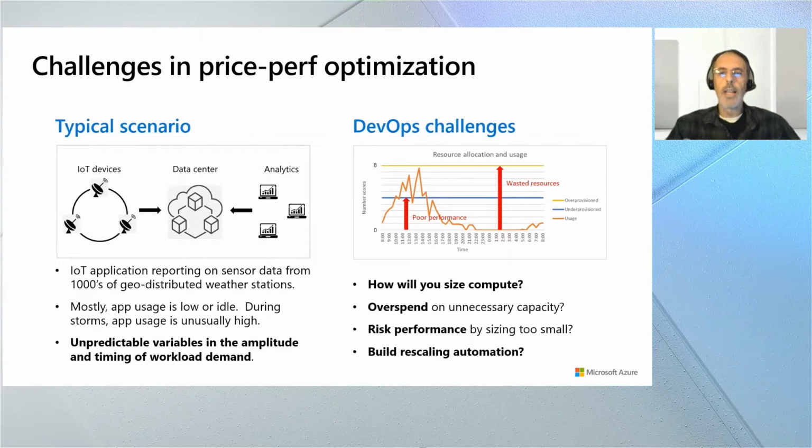Alternatively, you could slightly under-provision resources, say to match the average usage over time, but then of course you would risk poor performance during peak usage periods. And then finally, you can build rescaling automation, particularly if you're already in the cloud and can take advantage of that elasticity. But that automation involves extra development cost as well as added operational complexity.